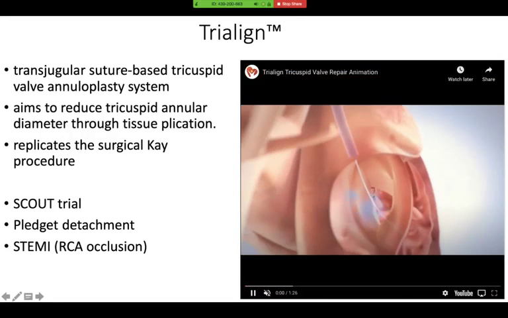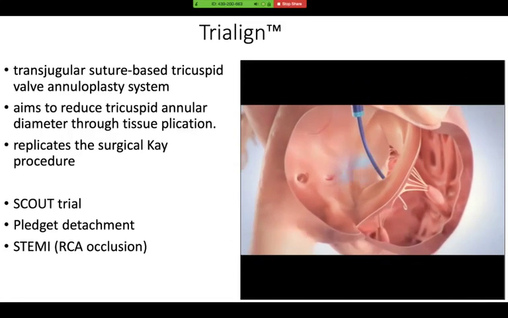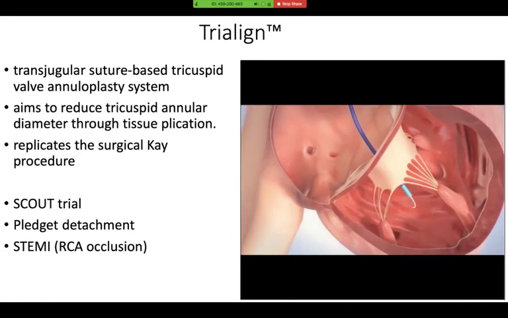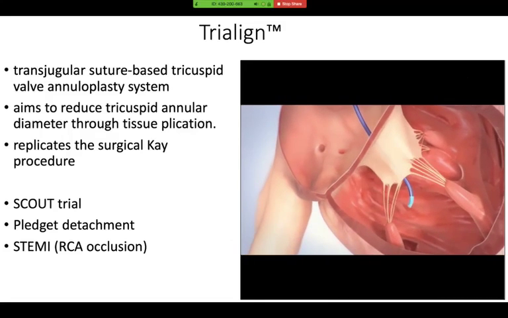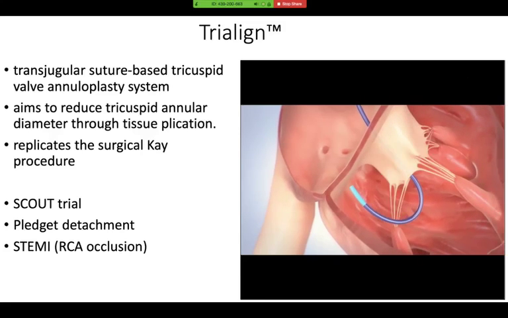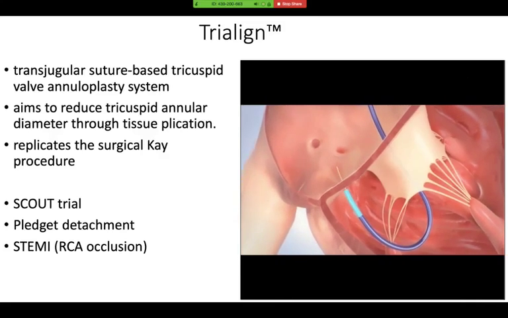The first one is the Tri-Align system that has been developed by Mitralign Industries. It is a transjugular suture-based tricuspid valve annuloplasty system.